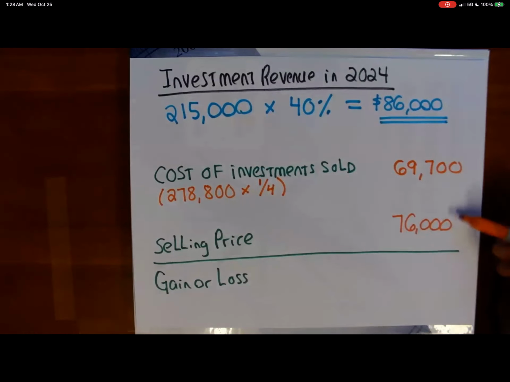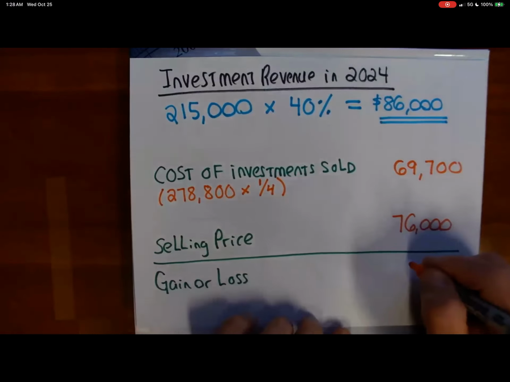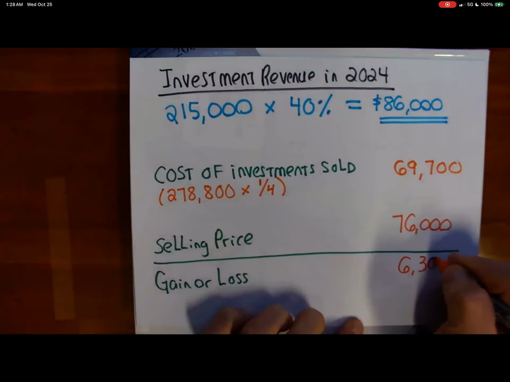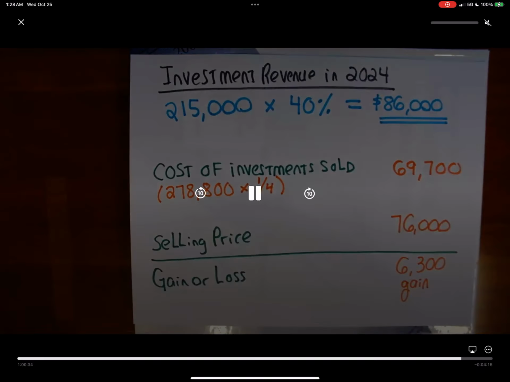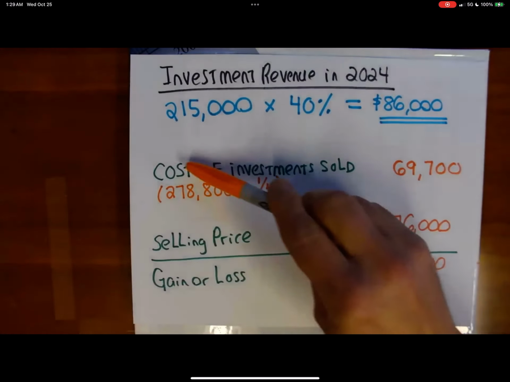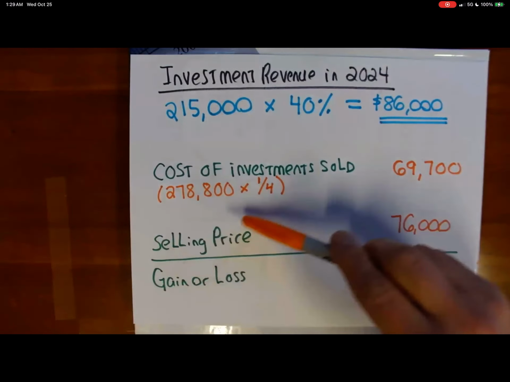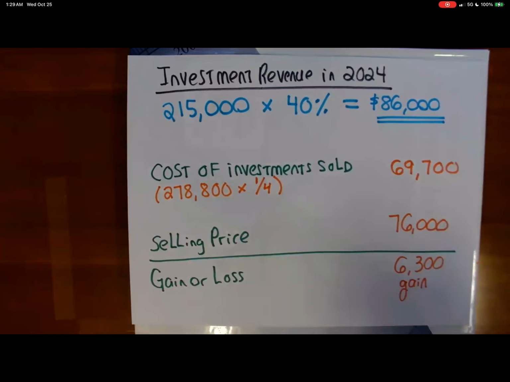It was sold for more than its cost, resulting in a gain of $6,300. Like I said, I thought that was a little tricky. The trip up place is right there in coming up with this number here.